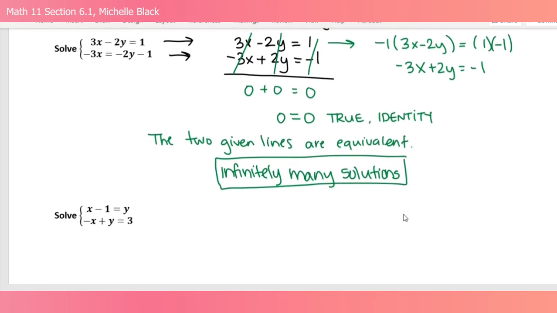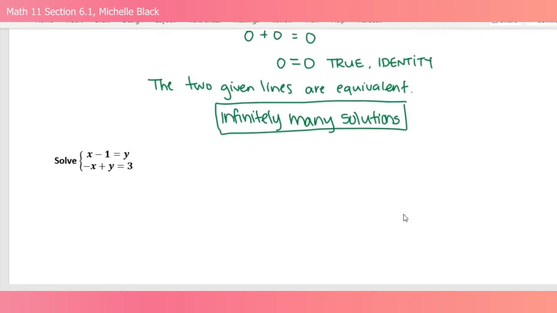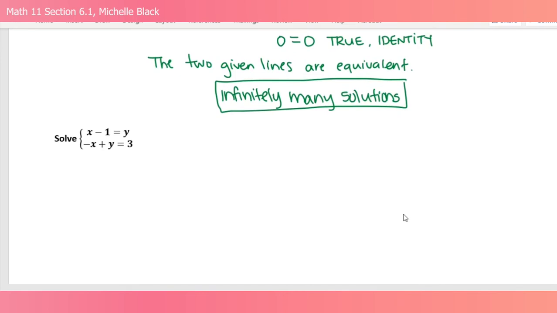Take a second and try part 2, and then take a guess at what you think the answer may be. Come back and check your work.